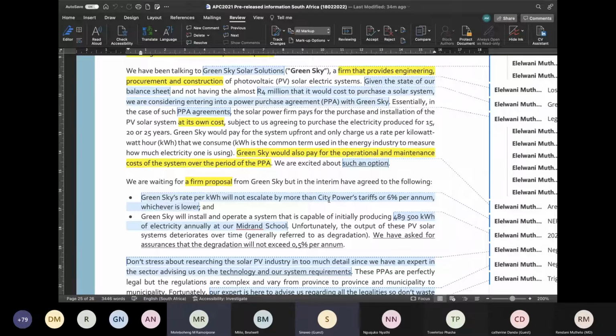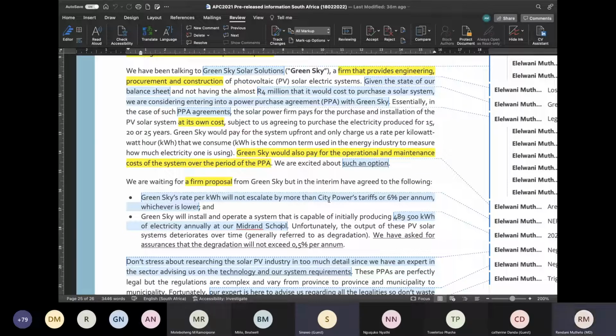Is this sentence saying that in addition to entering into this PPA agreement, we would still need to buy some of our electricity from City Power? Yes, reading that statement without qualifying it, it means exactly what you said. So we are understanding it in the same way.